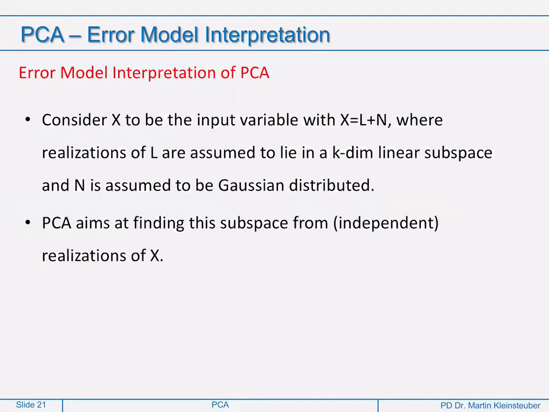So we consider x to be the input variable, and we say that x is L plus n, where realizations of L are assumed to lie in a k-dimensional linear subspace, and n is assumed to be Gaussian distributed. And of course, components are here independently distributed.